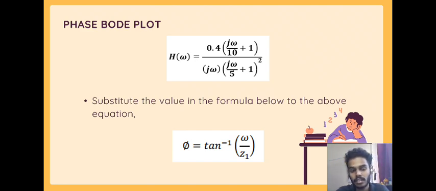The equation reveals three key elements affecting phase: the zero, where omega equals 10, the pole at the origin, and also the double pole where omega is equal to 5. So each will contribute differently to the total phase shift.